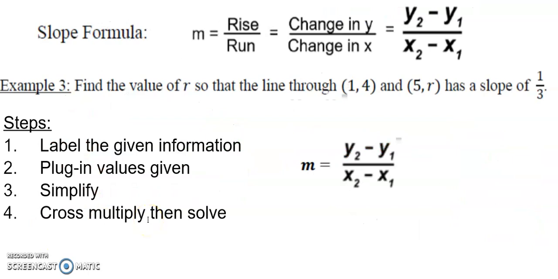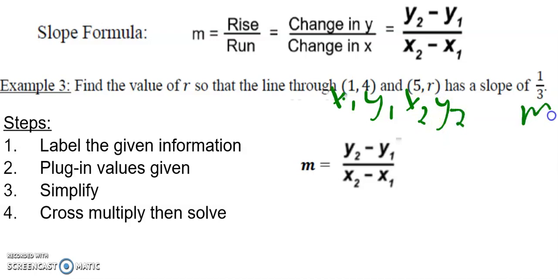Example 3. We're going to find the value of r. The line through 1, 4 and 5, r has a slope of 1/3. They give us a slope. So here are our steps. Step 1, label the given information. I'm going to label my ordered pairs x1, y1, x2, y2.